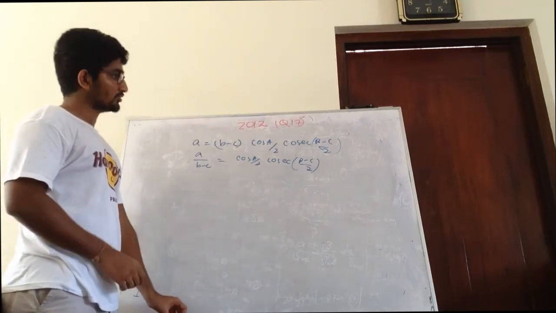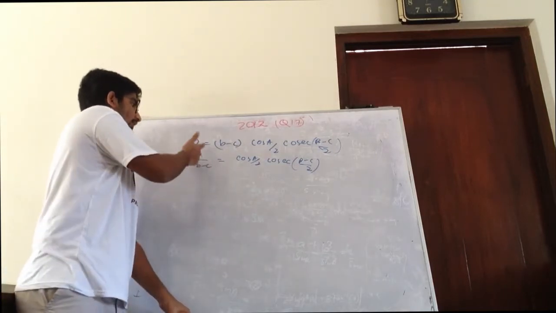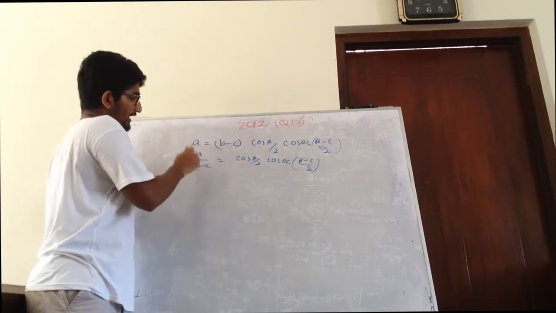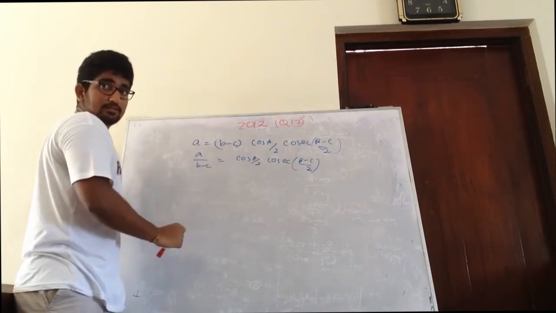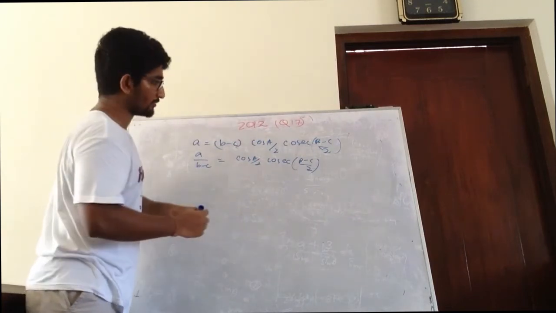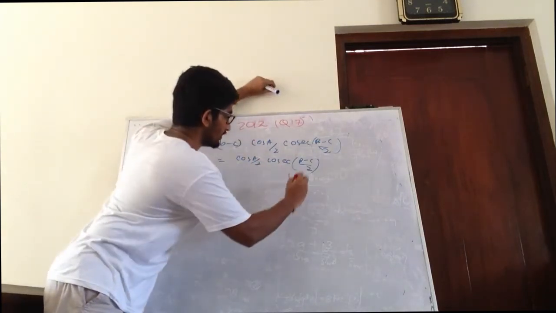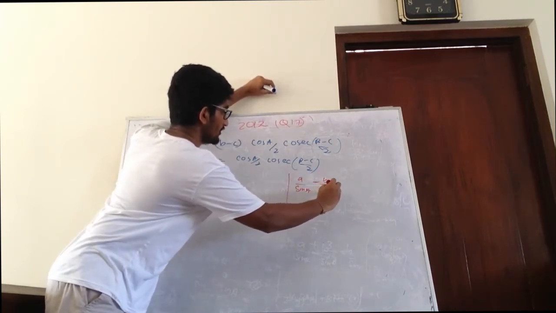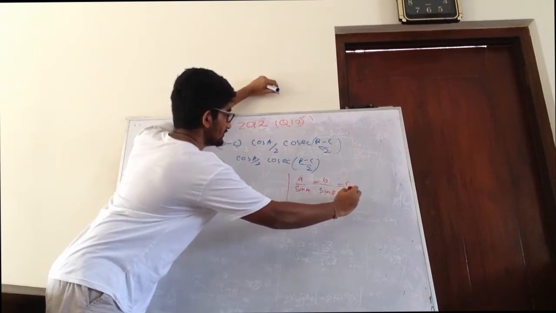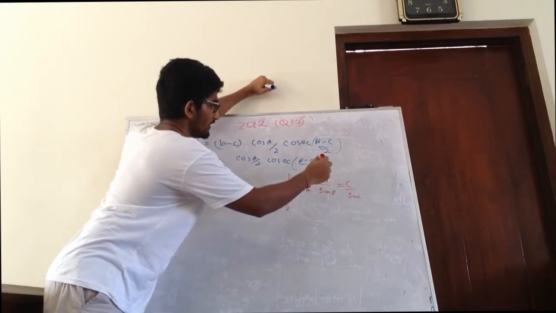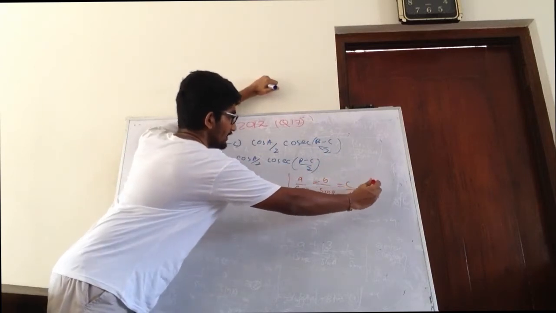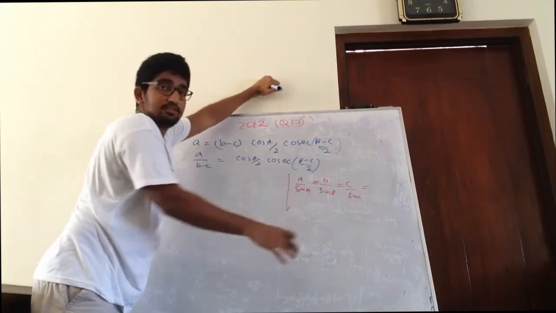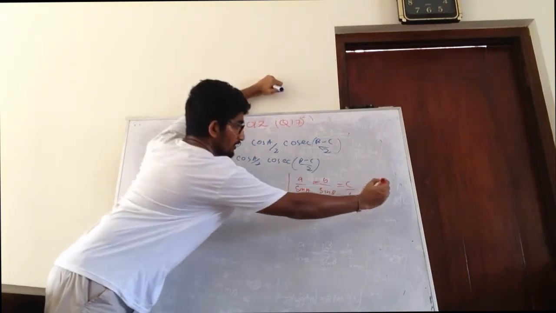So what am I going to do? I am turning the sides ABC into angles. So basically we have A over sin A equals B over sin B equals C over sin C. I'm going to equate these common ratios to lambda.